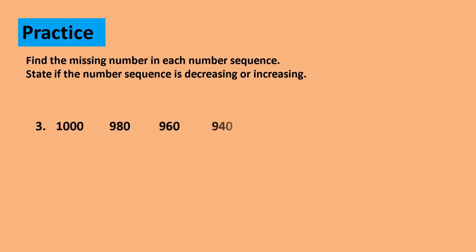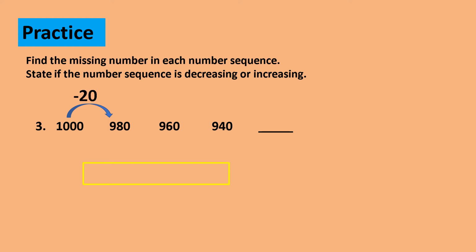Okay, how about this one? The first number is 1000. And then it went down to 980. So that means the sequence is decreasing by 20. That's right.